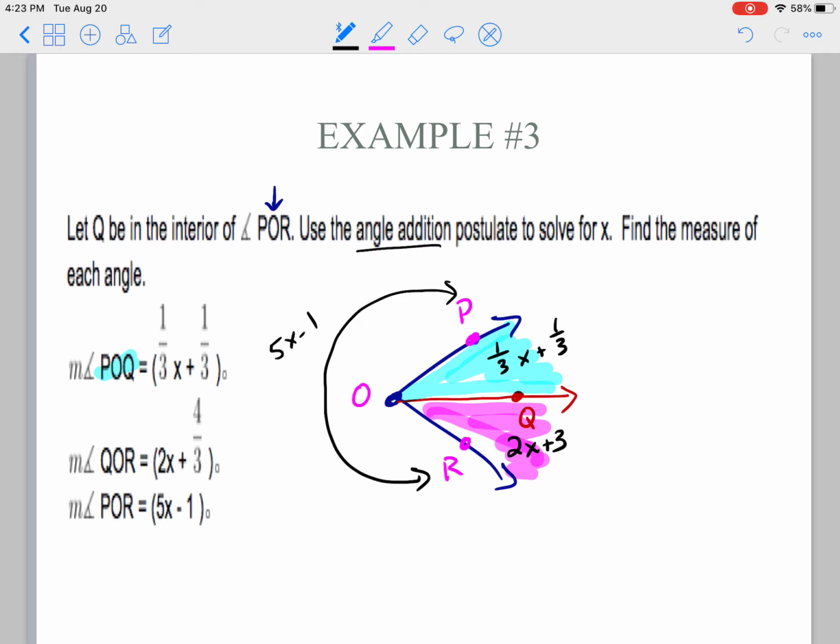Well, we're going to use the angle addition postulate.